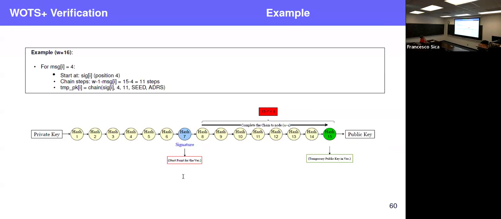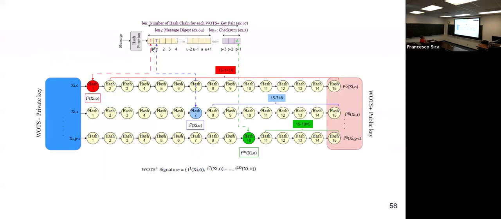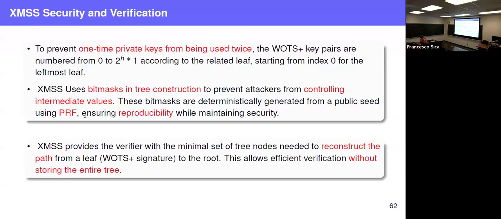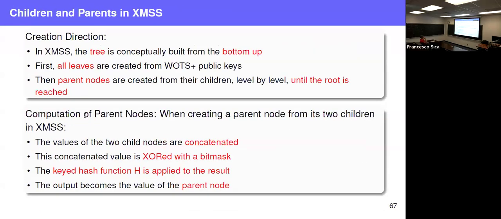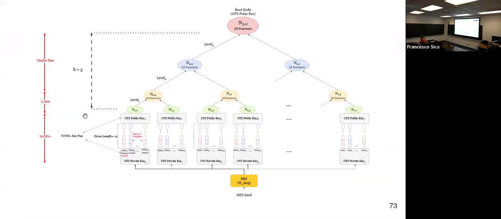It came from here, 67, which is the addition of 60 for the length of the message digest and the 3 bits of the checksum. We will have 67, which means we have to have 67 chains inside each private key in XMSS.